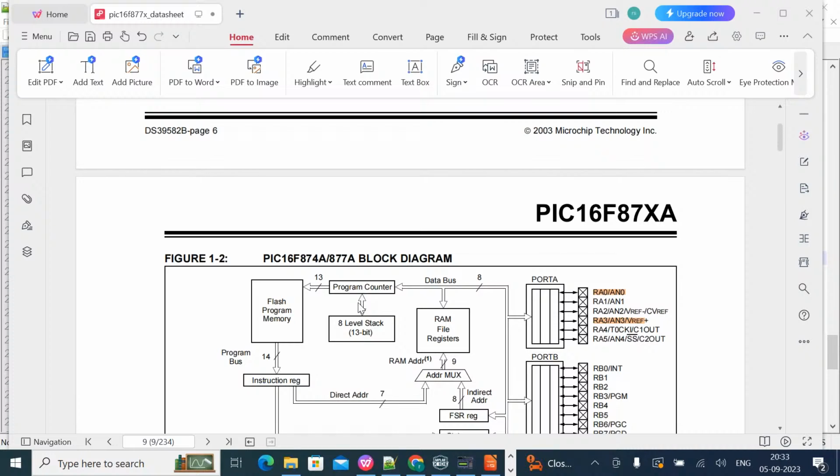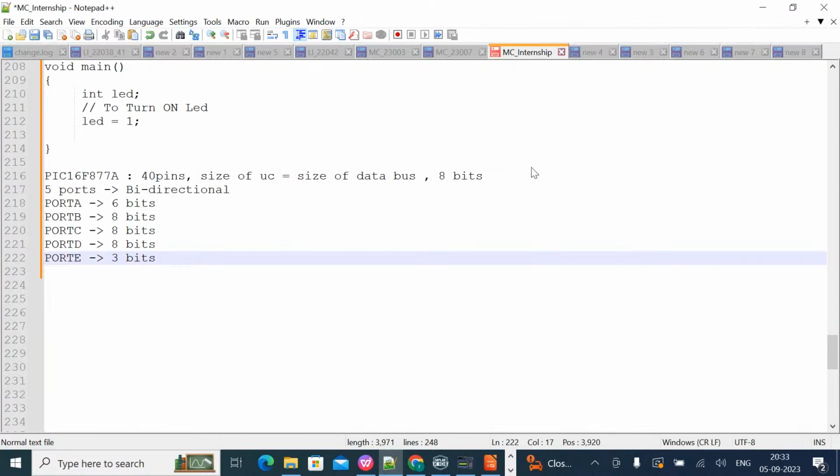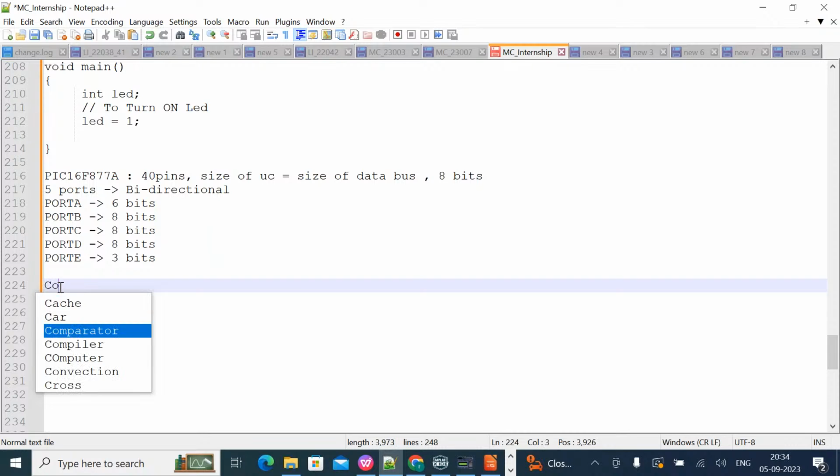Non-OS means there will not be any operating system, like Windows or Linux. To develop an embedded system, it's not necessary to always use an operating system. Usually when the task is complex, you may need an OS to work on that task.